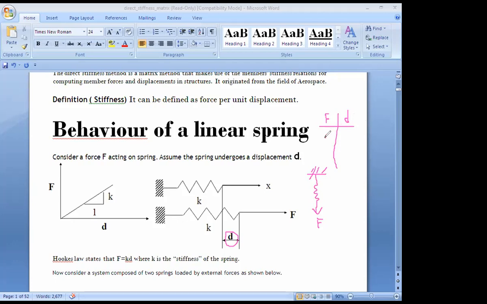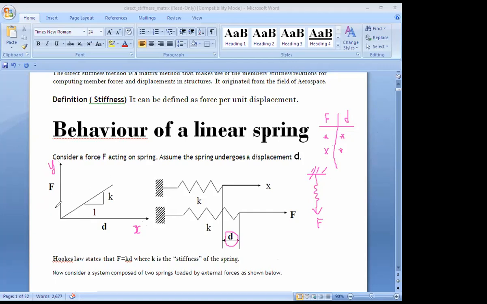So you keep recording these values, force and displacement, and you plot force versus displacement. The displacement could be on the x-axis and the force values on the y-axis.